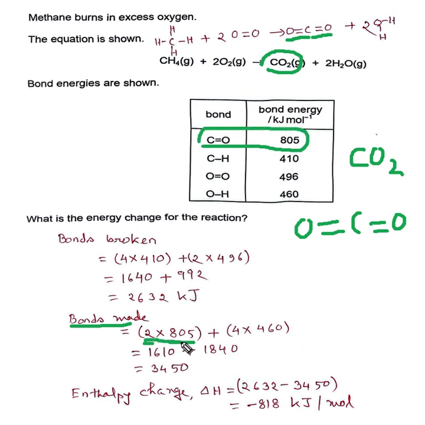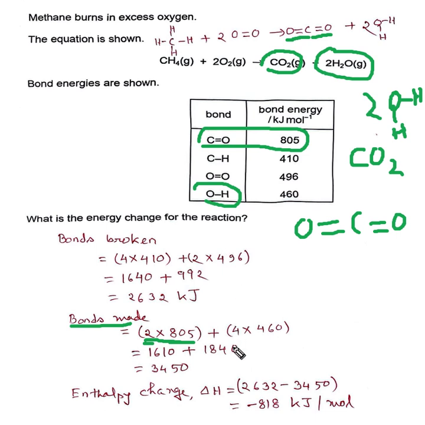2 times 805 plus 2 moles of water. 1 mole of water contains 1 OH bond plus 1 OH bond. 1 mole of water contains 2 oxygen hydrogen bonds. So for 2 moles of water, 2 times 2, there are 4 oxygen hydrogen bonds.